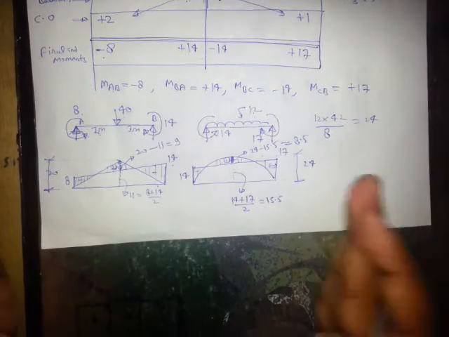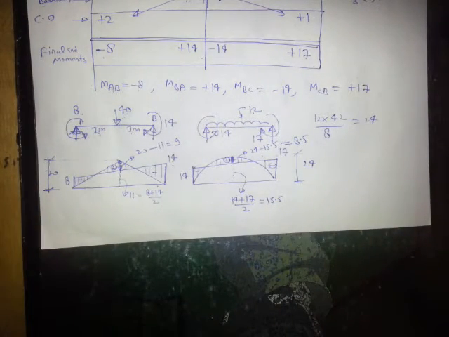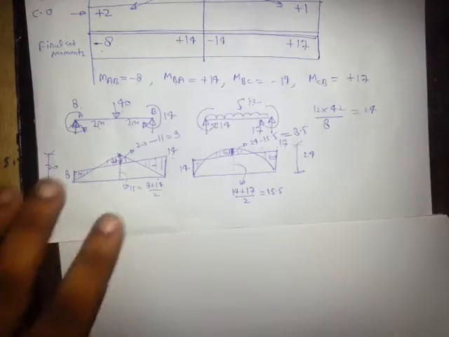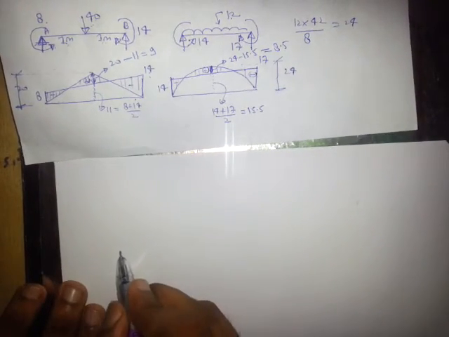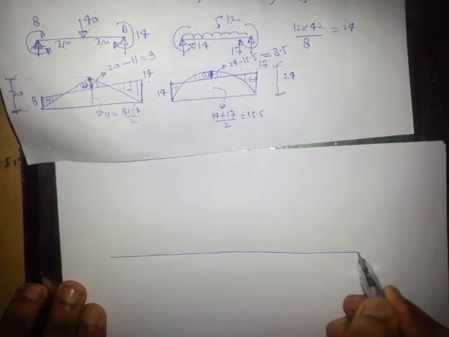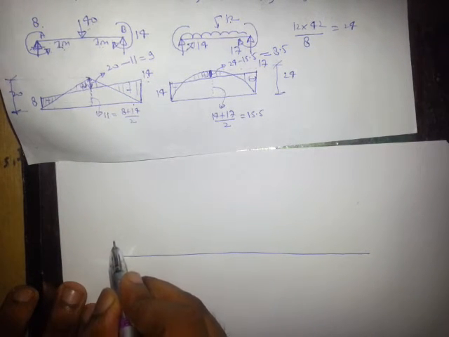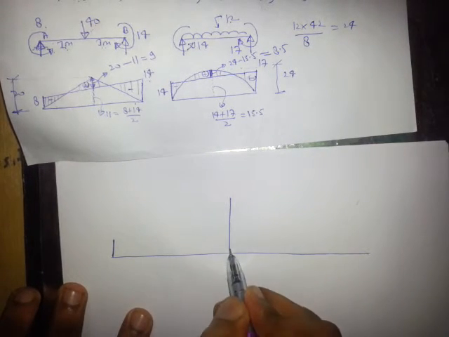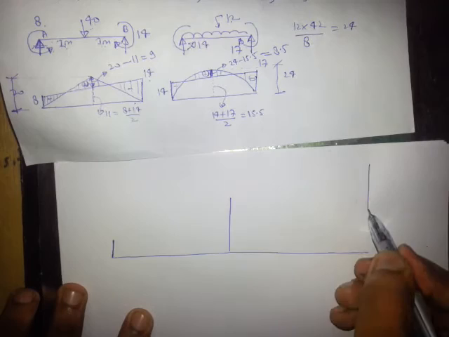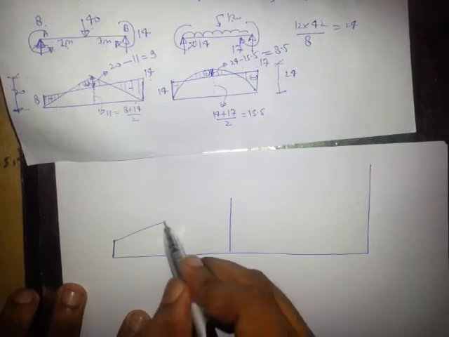Now we can add them and write like this. This is the rough page. See, this is minus 8, this is minus 14, and this is minus 17.